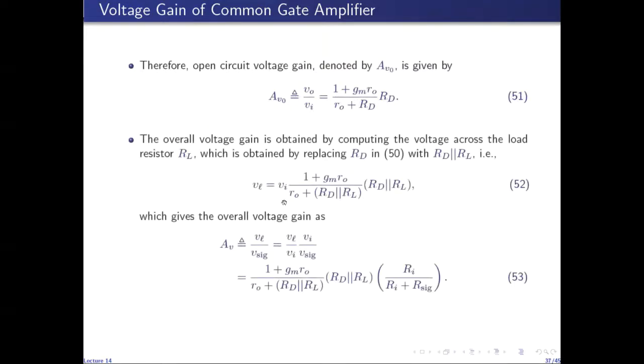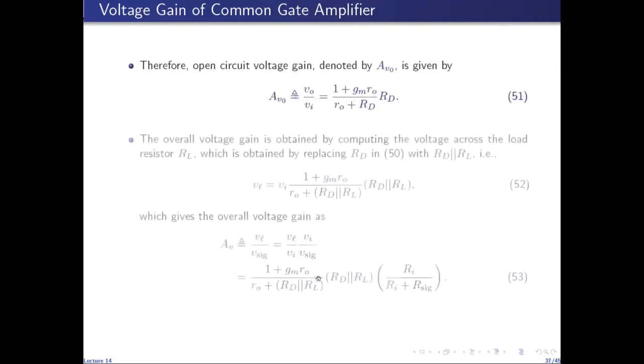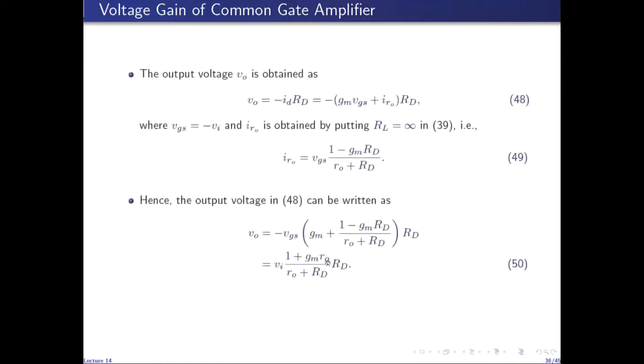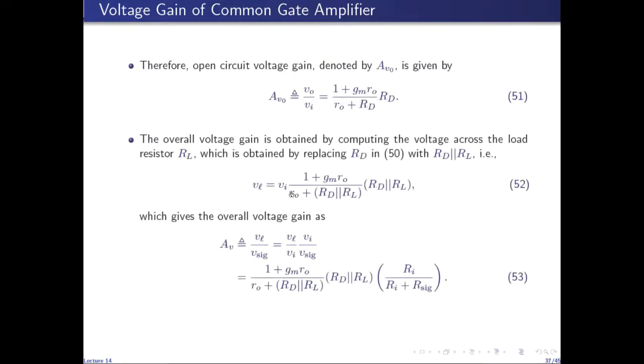So vL is given by a similar expression, just like using this expression, replace RD with RD in parallel with RL. So this is vL in terms of vi, and vL over vi times vi over vsig gives us vL over vsig, which is the overall loaded voltage gain of the common gate amplifier.